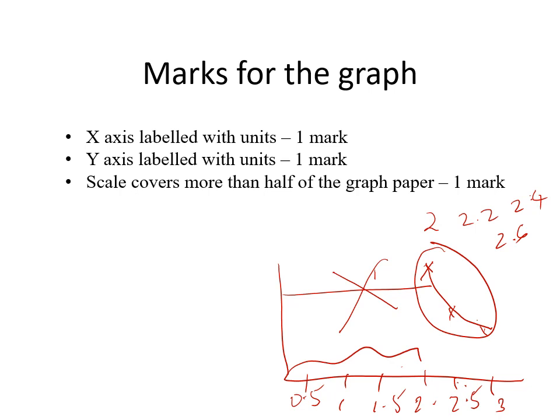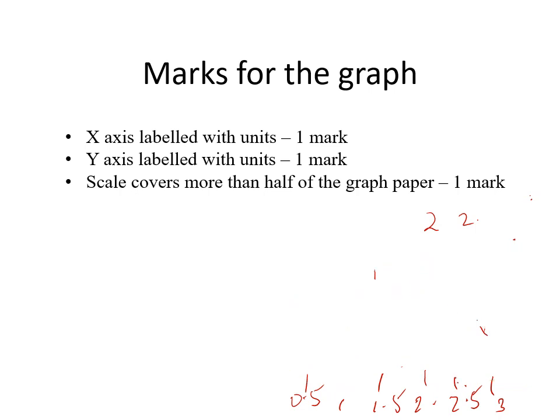Like that, the plotted points should cover more than half of the graph paper. That is very important. There is a mark for that. So use your graph paper, and make sure the points are widely distributed.